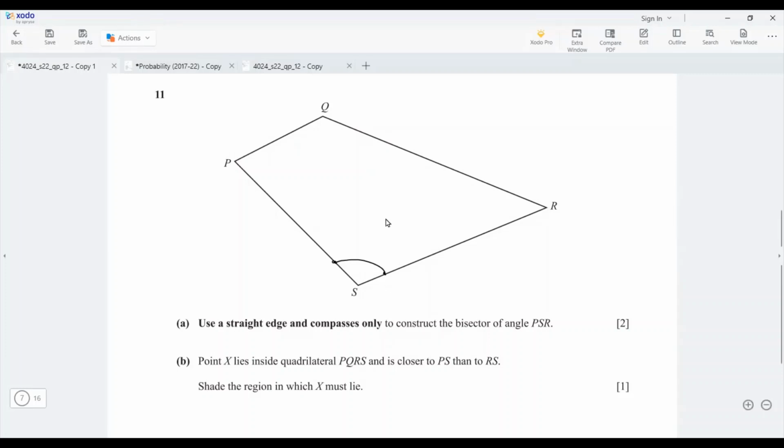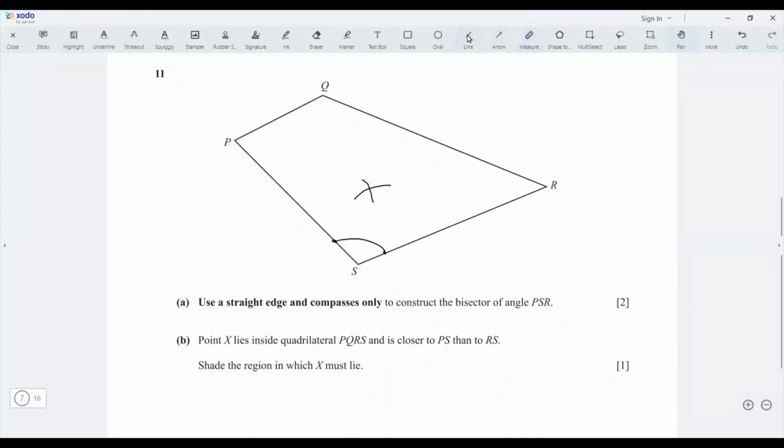Put the compass here, open a specific range, and draw an arc here, and similarly put your compass here and draw an arc here as well. Now join the points and the angle bisector will be completed like this. We can say the angle will be bisected like this.